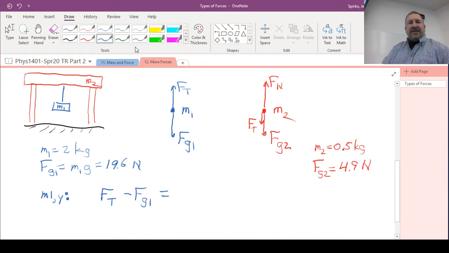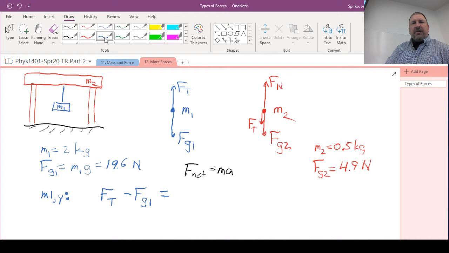And then on the other side of the equation, remember our equation is F net equals ma. On the other side of the equation, we need to think about the acceleration. And if this whole thing is stationary, the acceleration is 0. So I'm just going to put my 0 in here.